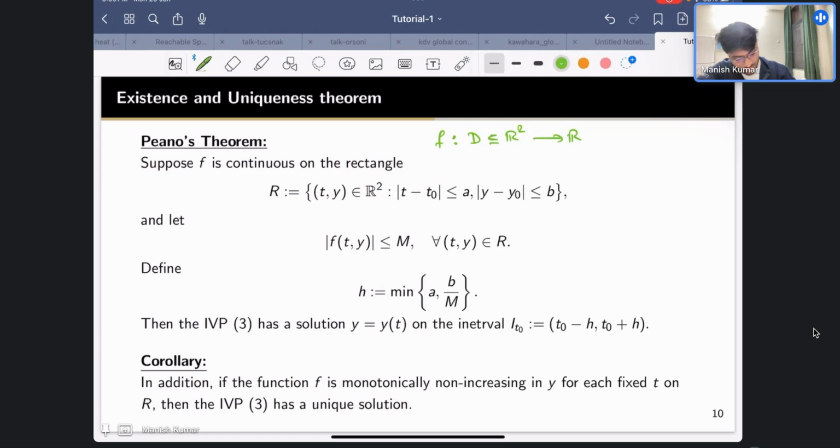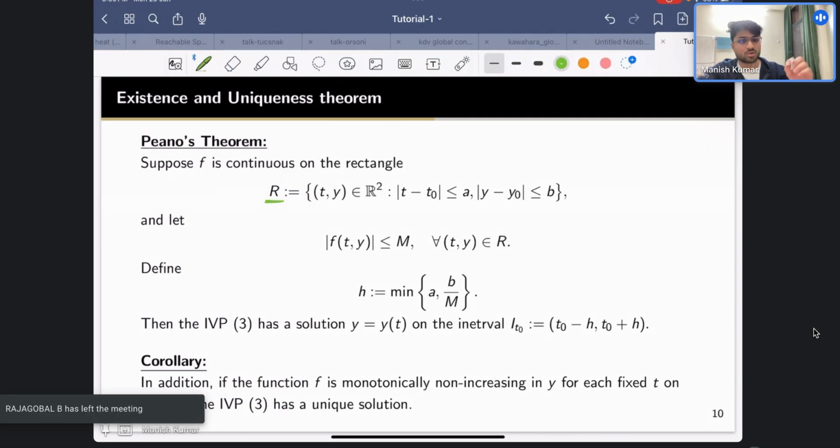So this function f is from D to Rn, or R2 to R. We will be talking about the properties of f on a region R, and this R is a neighborhood of t naught, y naught. So suppose t naught, y naught is some point in R2.